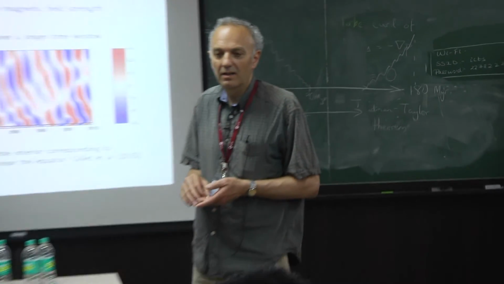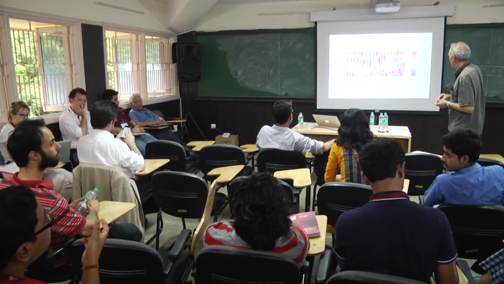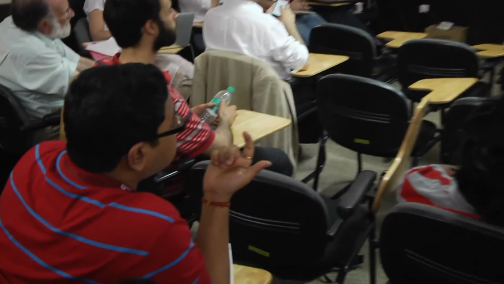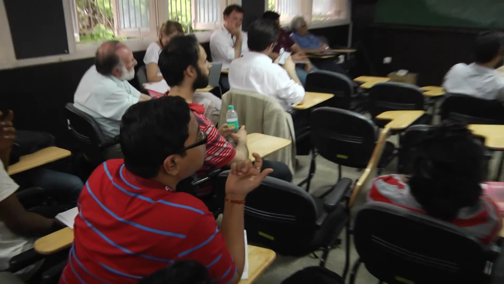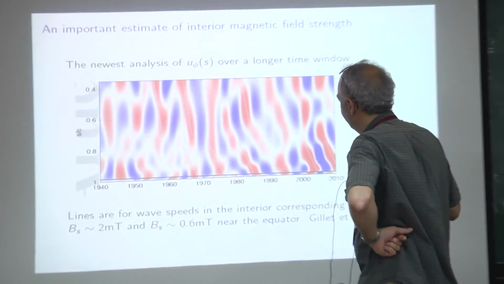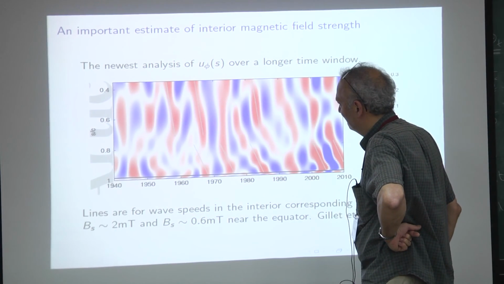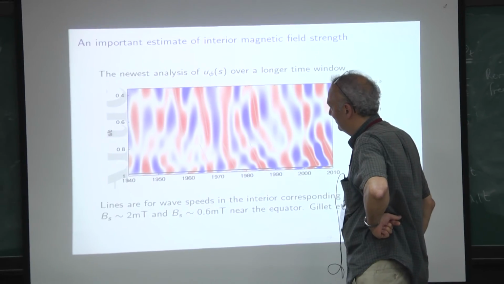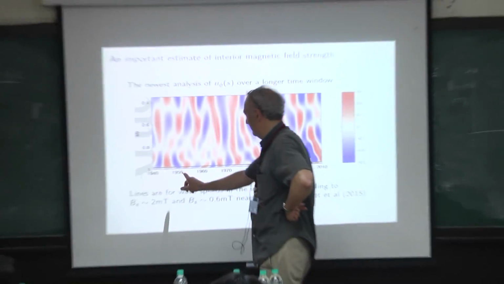Looking at this figure from 1945 to 50, I get the impression that the torsional wave is propagating backwards from the equator towards the tangent cylinder. Is it so? Because the slope of those contours is positive, whereas in regions like year 2000 it is negative.